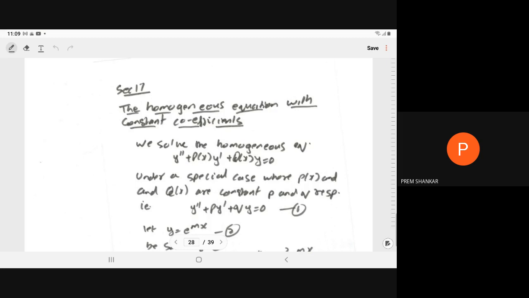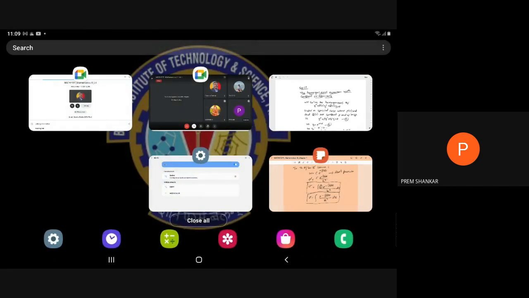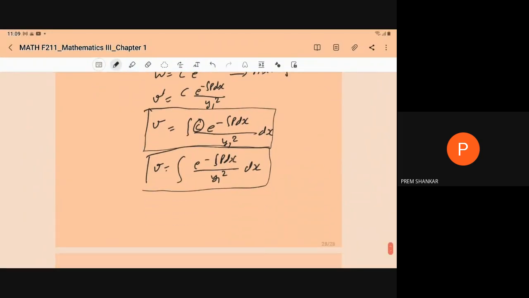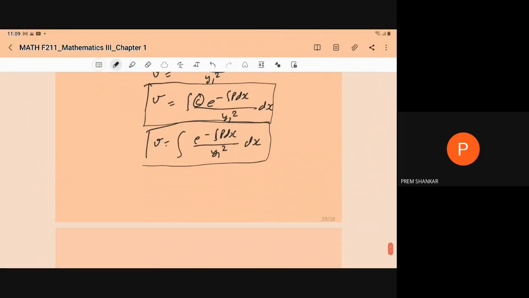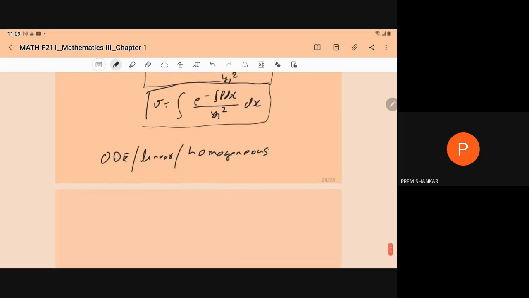So what is the homogeneous equation? Presently we are talking only about the ordinary differential equation, right? What is the nature? It is linear in nature. Now we are talking about the homogeneous equation. So what is the general form of the homogeneous linear ordinary differential equation?